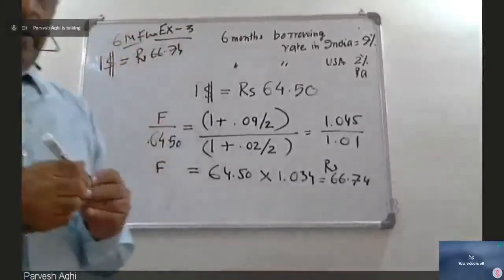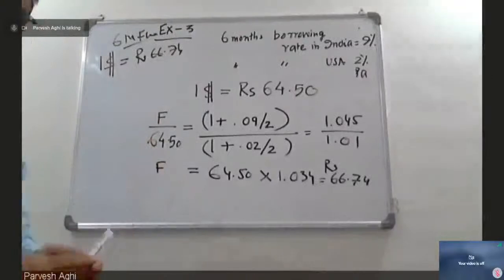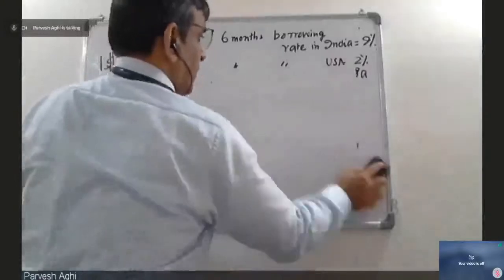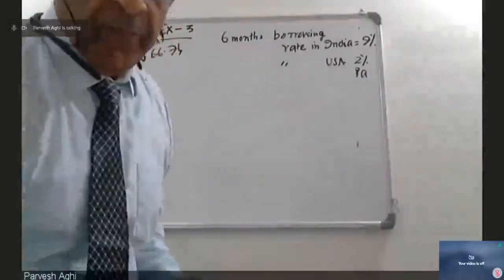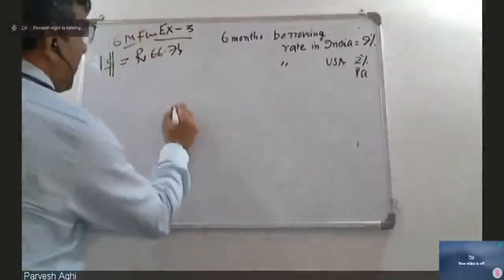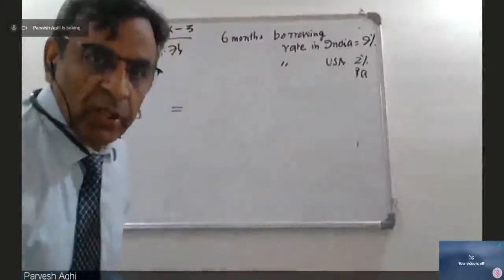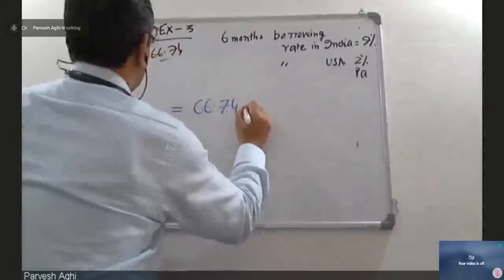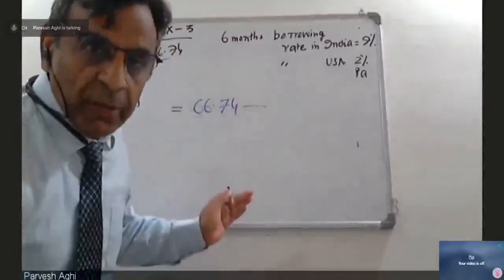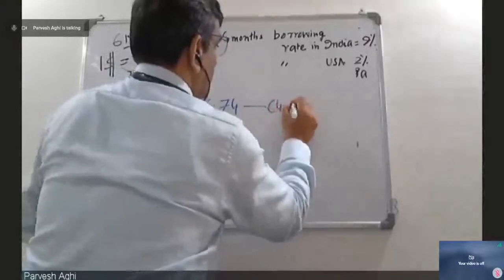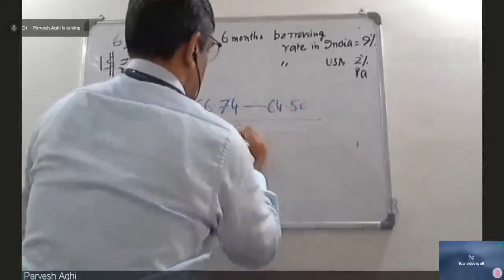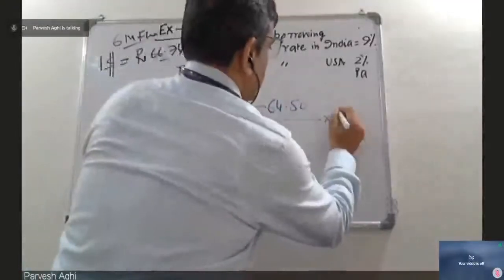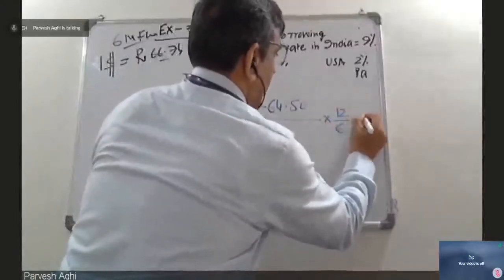Then we have to find the percentage of premium or discount. So we know the rate of premium we can calculate. We have the forward rate 66.74 and the rate which was there earlier was 64 rupees 50 paisa, the spot rate, divided by the spot rate 64.50, multiplied by 12 by 6, multiplied by 100.